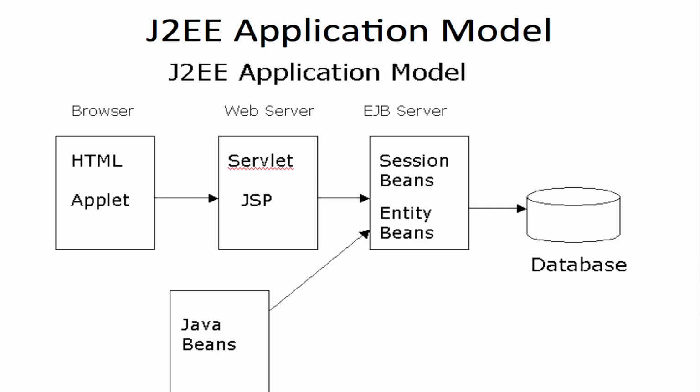By using this Java Beans technology, we can secure our data which is fetched from the database. So this is again a block diagram of the J2EE application model. The diagram is different, but it is again a representation of the J2EE application model.